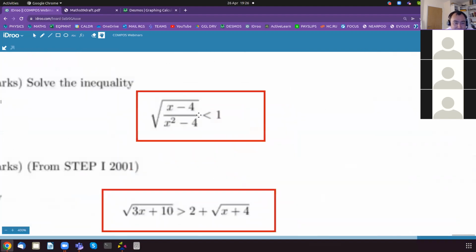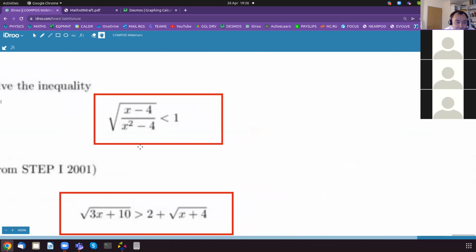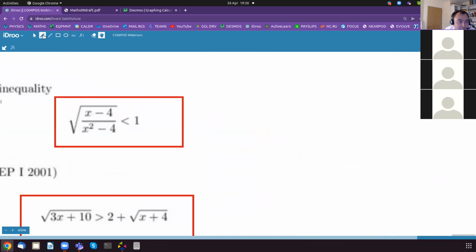So the inequality x minus 4, x squared minus 4. Well, here it's just as long as they're both positive, and they are, you can square them and solve it using the method of intervals. But before that, you have to understand which values are possible. So first, you have to solve x minus 4, x squared minus 4 greater or equal to 0.